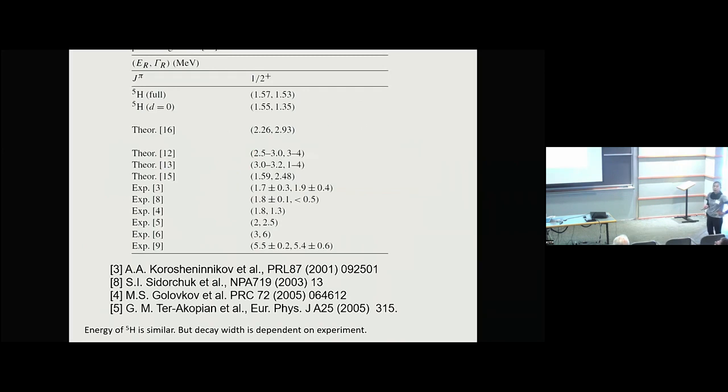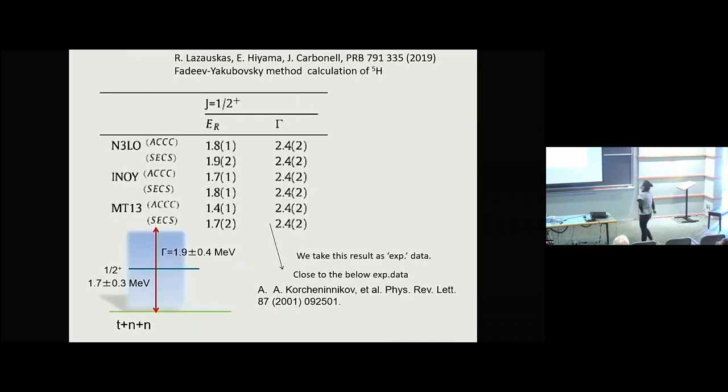Because, as mentioned before, this is a list of the hydrogen 5 experimental data. You can see the energy is almost similar, around 2 MeV. However, the decay width shows a variety. So which data should we fit? Currently we have no idea.